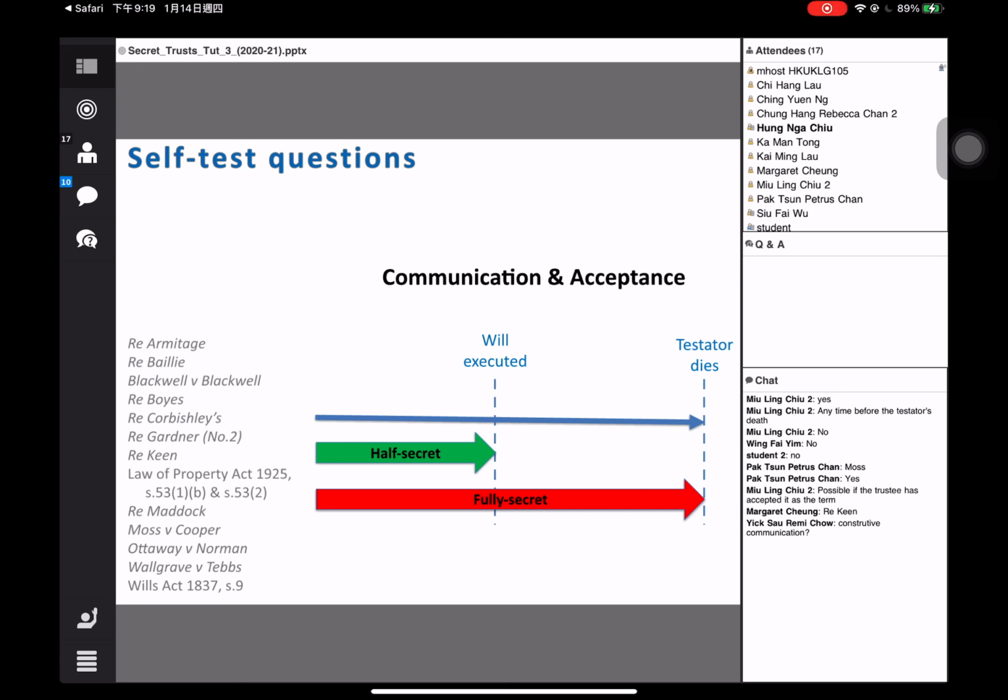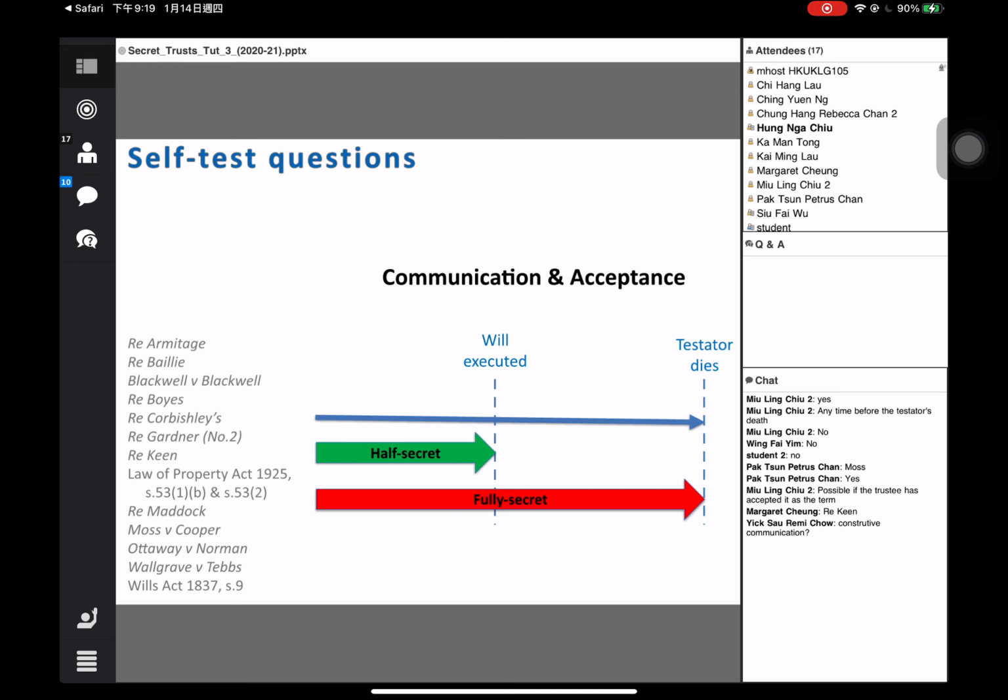He knows he was not intended to take beneficial title in the property, but rather to hold that property on trust for someone else. And this is why Hudson says it must be shown that there's been a communication of the settlor's intention and an acceptance by the secret trustee to act in that capacity. So that's an alternative theory by Hudson.